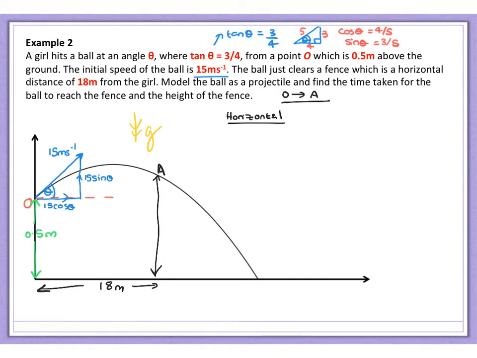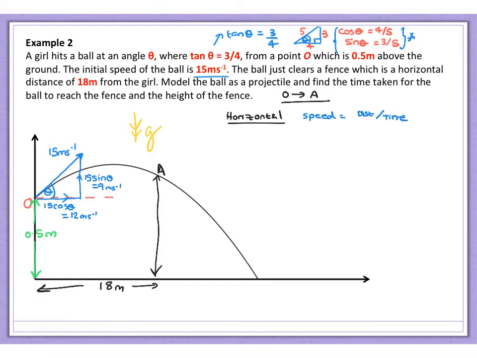Now our horizontal component, we can simplify 15 cos theta using the value up here. So that comes to 12 metres per second, and then 15 sine theta comes to 9 metres per second. So horizontally, we know that speed equals distance travelled over time taken.